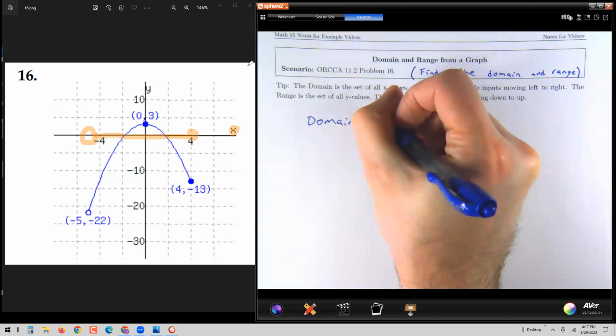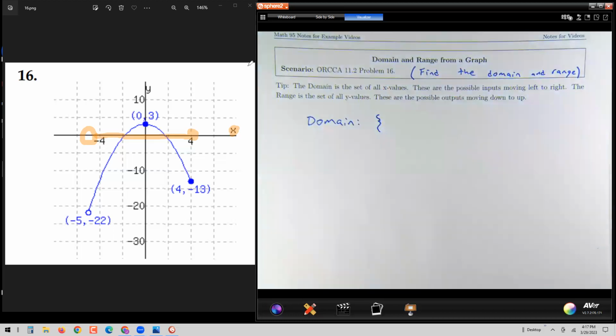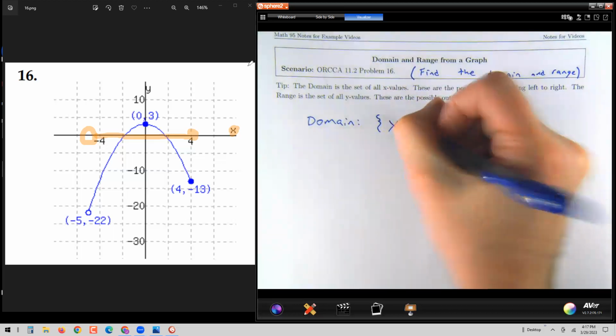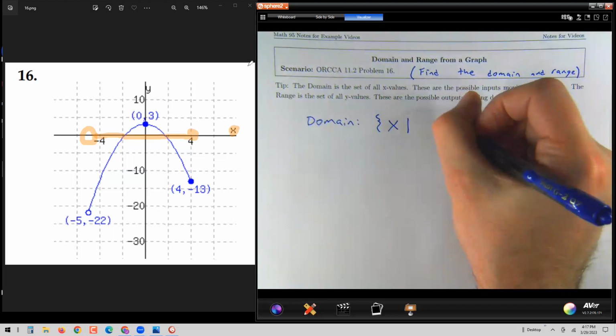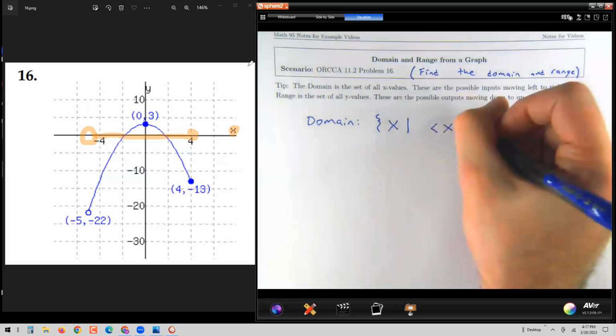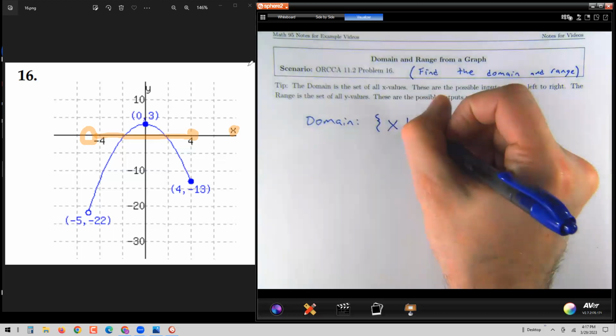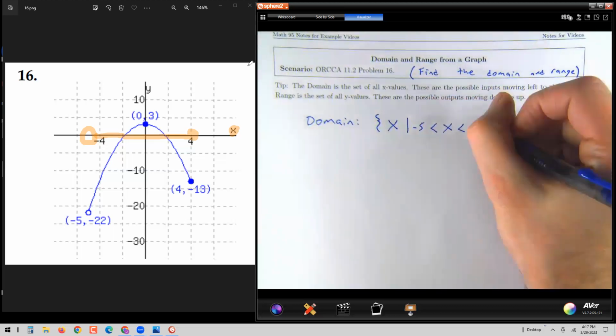I would say it's the set, the symbol means set. I'm looking at x values such that x is between, and then this goes from -5 up to 4.